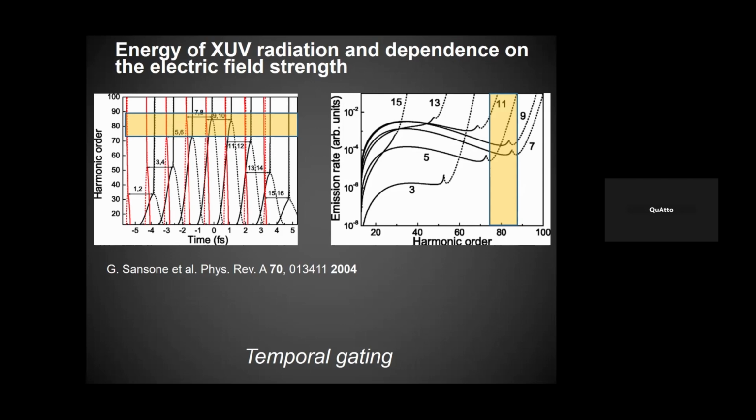If we shorten the pulse duration even more and also control the carrier envelope phase, we can confine the harmonic generation to a single half optical cycle. This is a kind of prerequisite for creating an isolated attosecond pulse. So the key point is to have very short, few-cycle pulses.